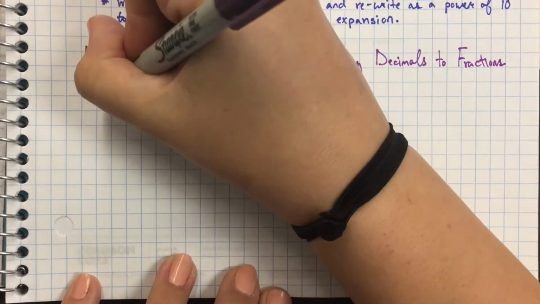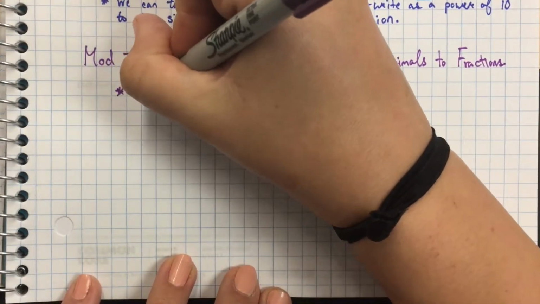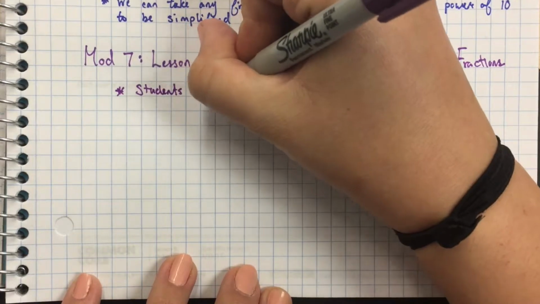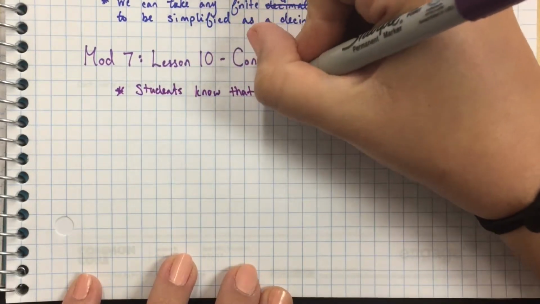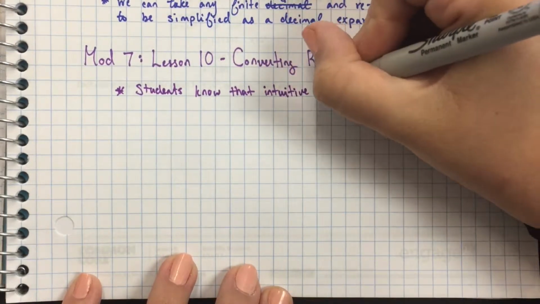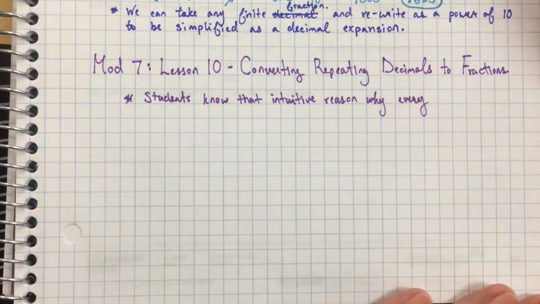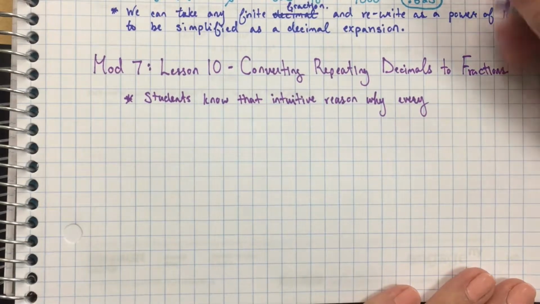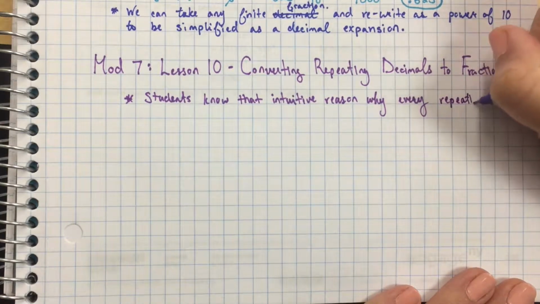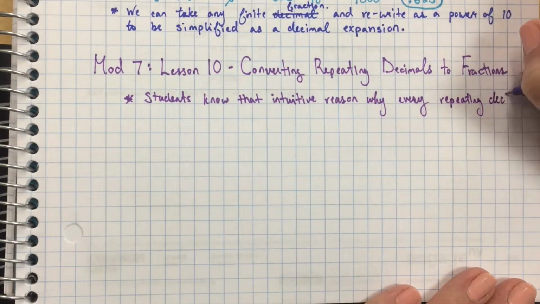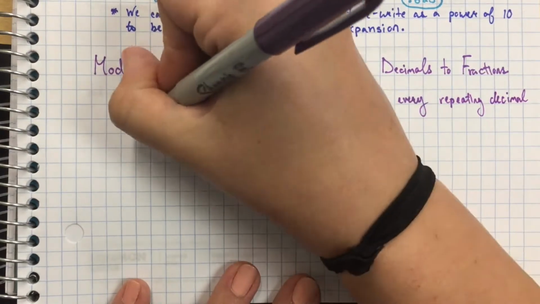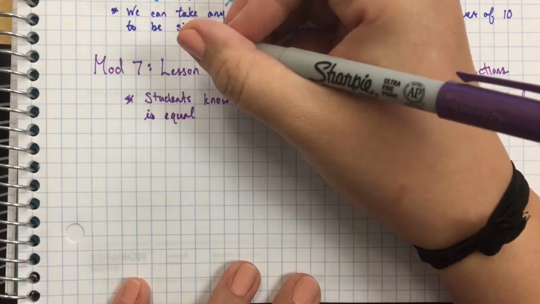And our learning objectives for this lesson say students know that intuitive reason why every repeating decimal is equal to a fraction. We're going to look at kind of how to use some algebra to figure that out.